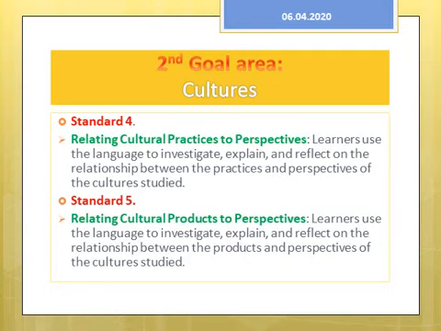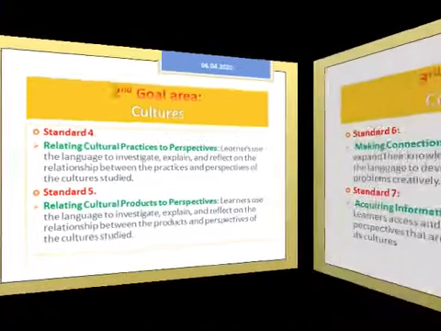Generally speaking, learners should be able to investigate, explain, and reflect on how cultural perspectives control and determine cultural practices and cultural products. For example, religion is part of our beliefs that compose our cultural perspectives. Therefore, religion determines and controls not only what we do and how we do it, but also the food, the clothes, and other products that we produce.